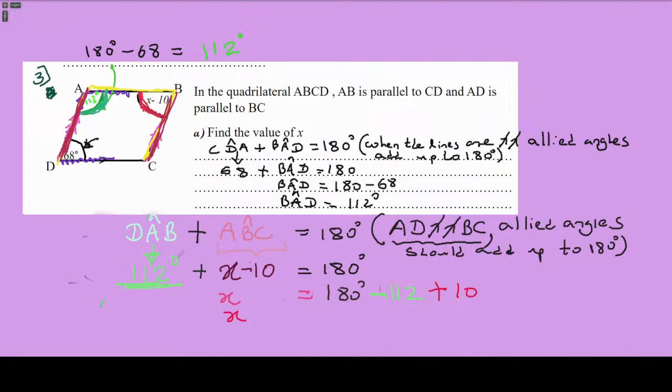So X is equal to 180 minus 112. That is 68, yes, 68. Then 68 plus 10, that is 78. When we simplify, what we get is X equals 78 degrees. All right.